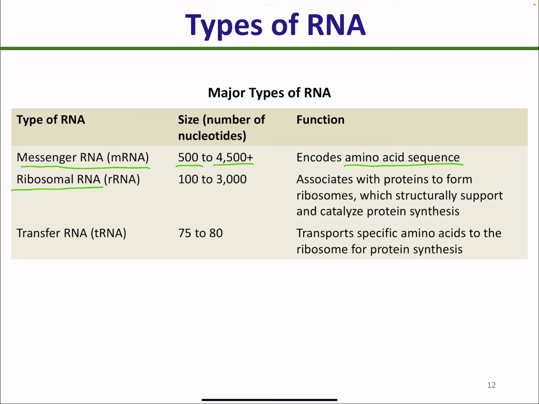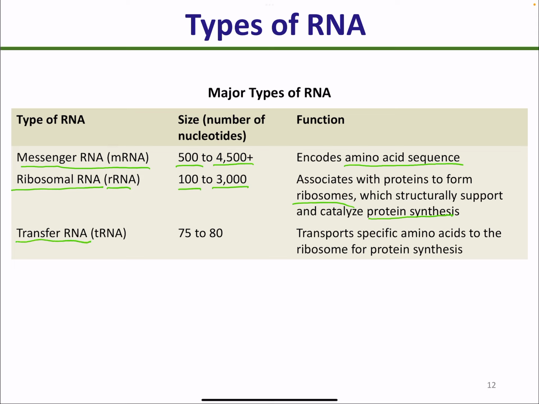The ribosomal RNA or rRNA exists in sizes that vary between about 100 nucleotides to around 3,000 nucleotides. This ribosomal RNA is associated with proteins in the formation of ribosomes. They also catalyze some reactions. These are ribozymes that are going to catalyze the reaction of protein synthesis. I want you to remember that.